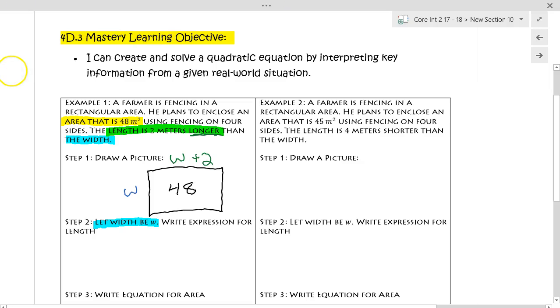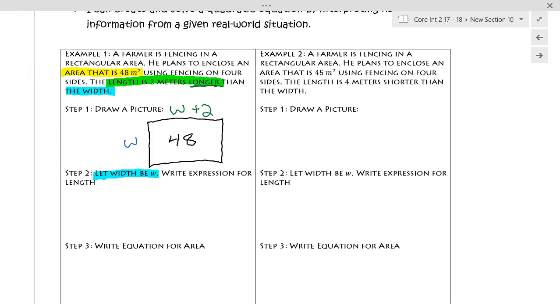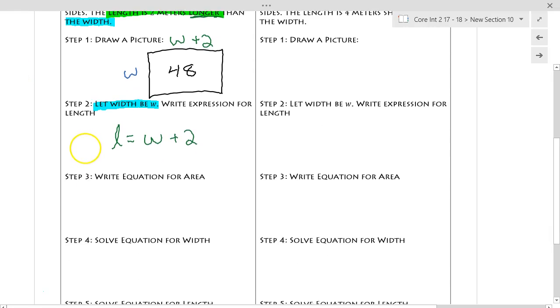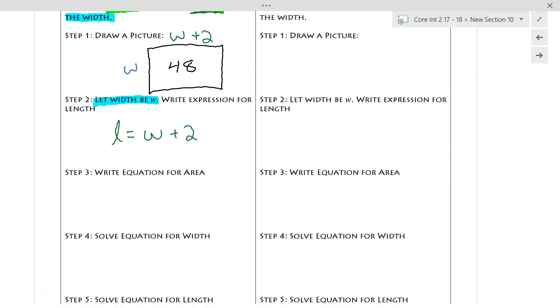So we've already technically done this step 2, right? The expression for length. Length equals our width plus 2. Step 3. Now again, step 3 is just like what we were doing before, right? Our equation for the area.